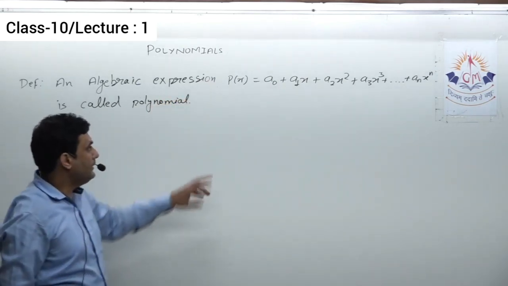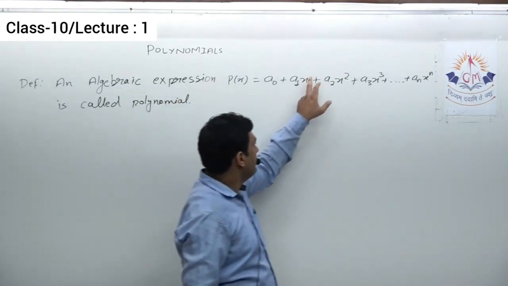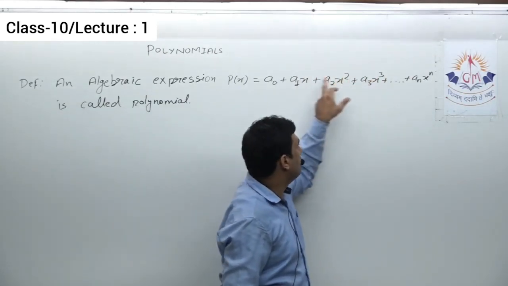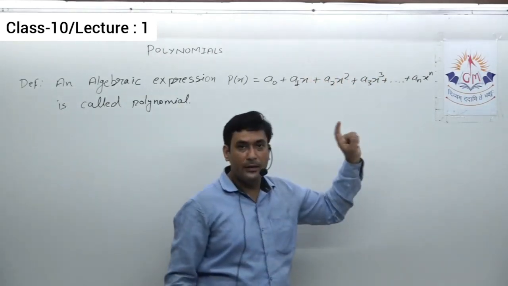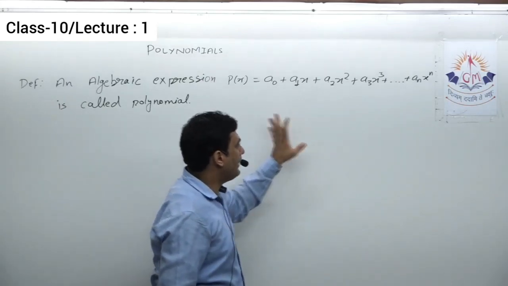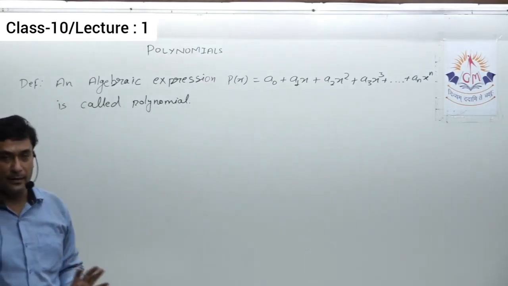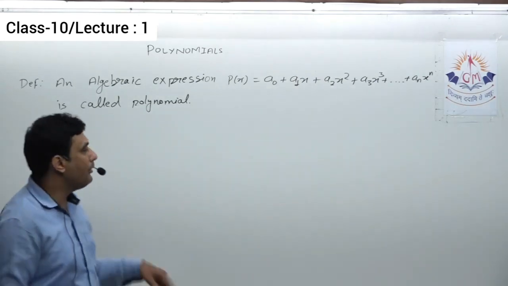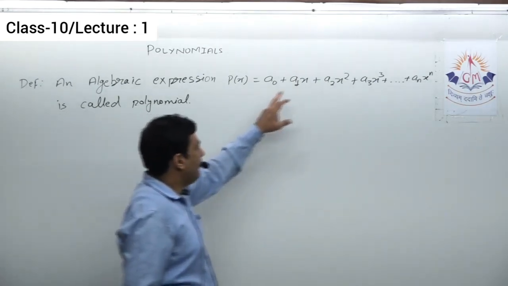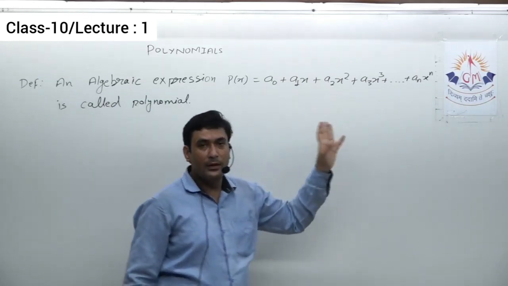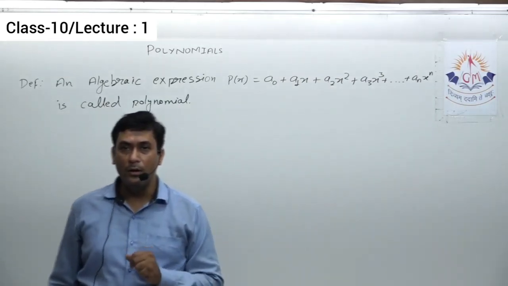Now there are some conditions. First condition, that this index of x, that is the power of x, must be a non-negative integer. It must be an integer, but a non-negative integer. Or in other words, we can say the power of x or power of variable must be a whole number.